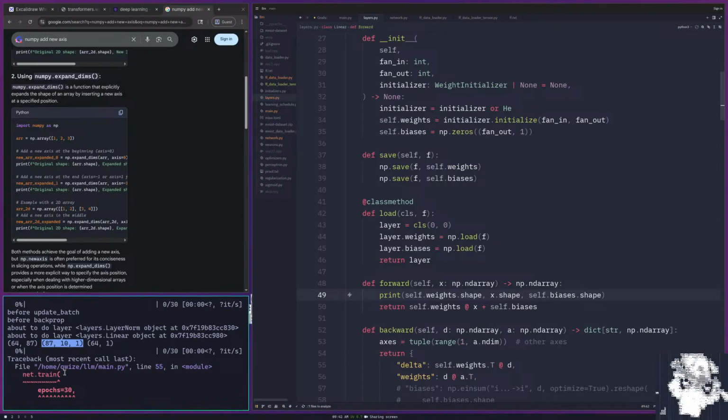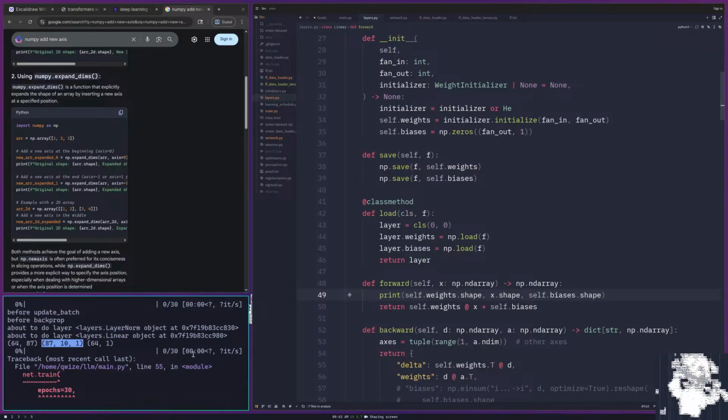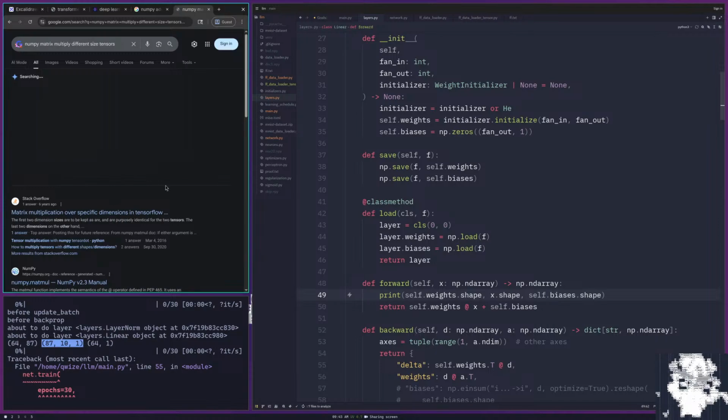I thought I tested this and you don't need to do it. Did I not? NumPy matrix multiply different size tensors.